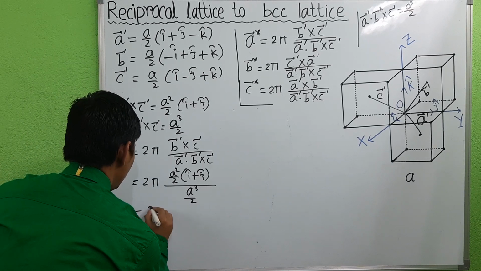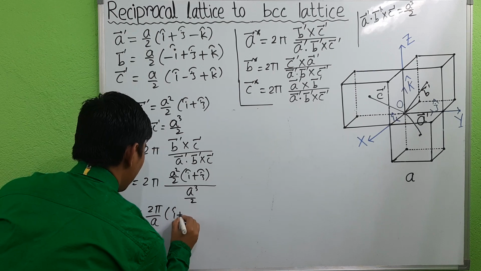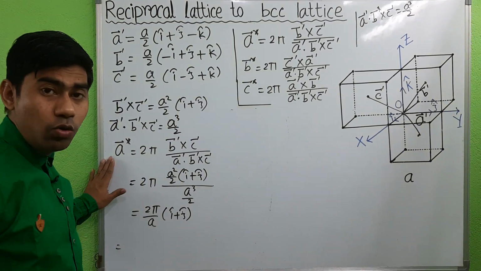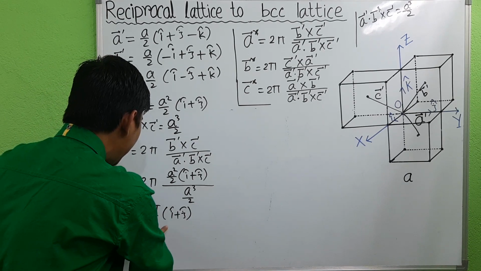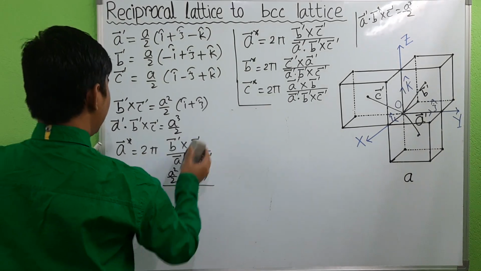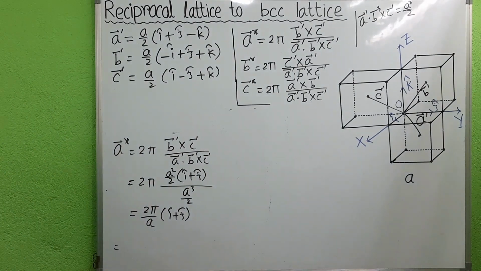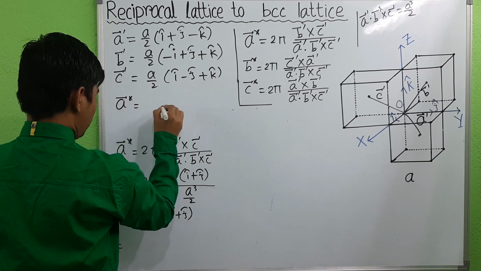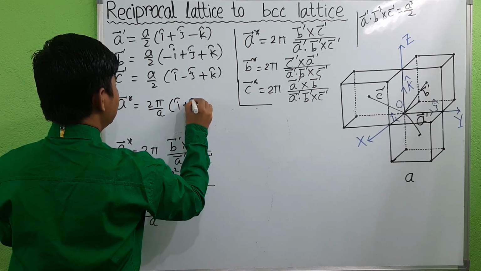So this equals 2 pi by a (i cap plus j cap). Thus the reciprocal lattice vector a vector star is 2 pi by a (i cap plus j cap).